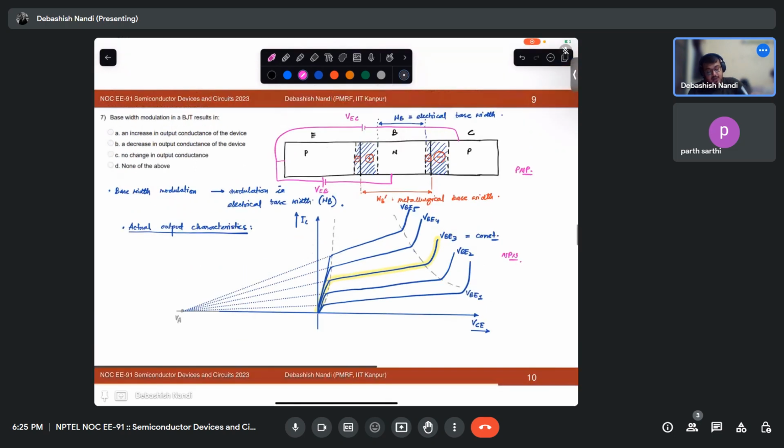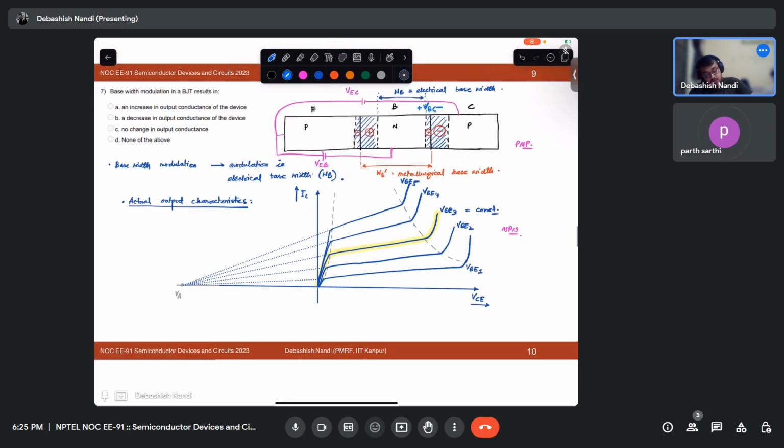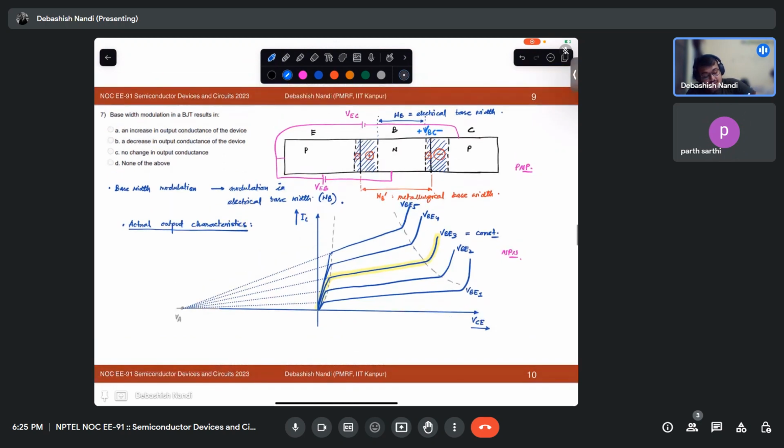These are all the same. By the way, you note that this voltage is your VBC. VBC is the reverse bias across this PN junction. If this is a PN junction and this is VBC, you note that VBC is the reverse bias, or I have drawn the diode in the wrong direction. Do you see that it is a reverse bias junction?